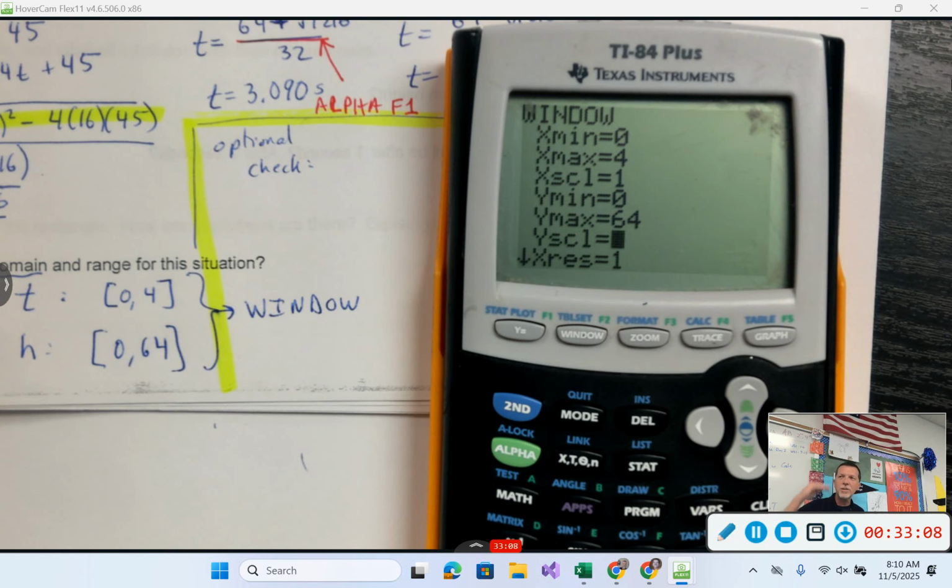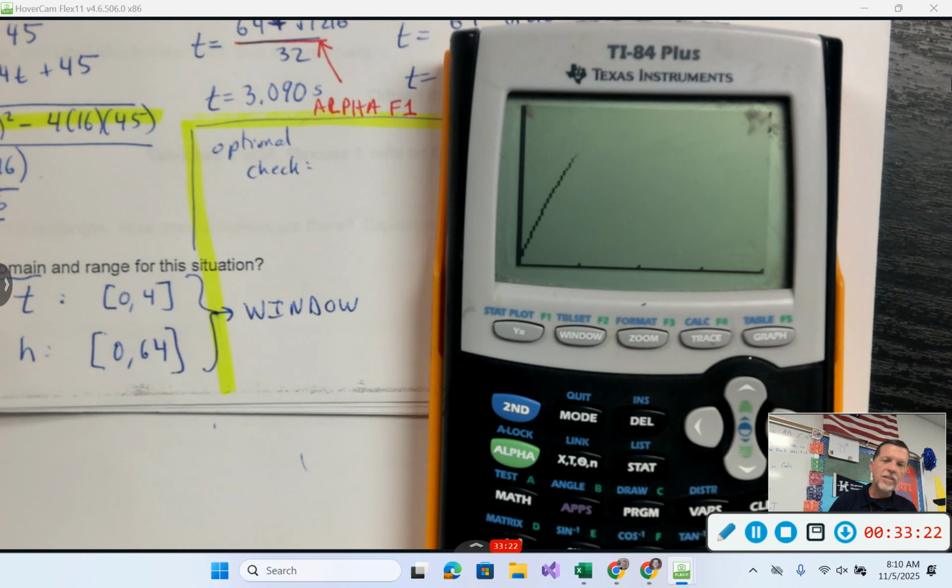So if you want a tick mark every 5 or 10, this is where to change it. It doesn't matter what you put there. It won't really affect the graph. It only affects how many tick marks there are. So I'll just leave it at 1. So let's see what that looks like now. Look at that. I pressed graph. It's a rainbow.